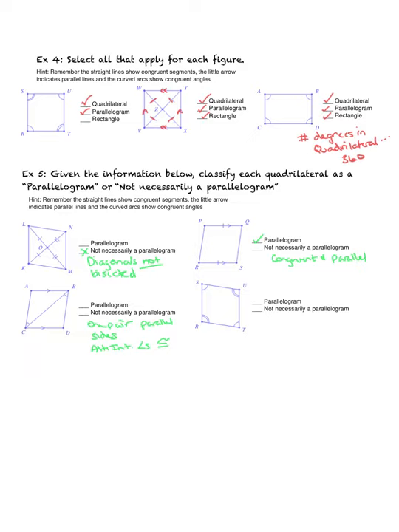It is a parallelogram because BC is a transversal. Last figure. Opposite angles are congruent, and that is a parallelogram. So there you go. That is page 4 of day 4.